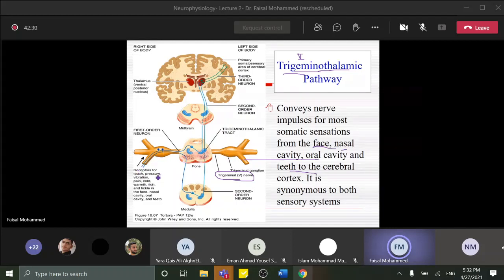So the receptors for touch, pressure, vibration, stereognosis all come from the face and nasal cavity, and they transmit through the trigeminothalamic pathway.